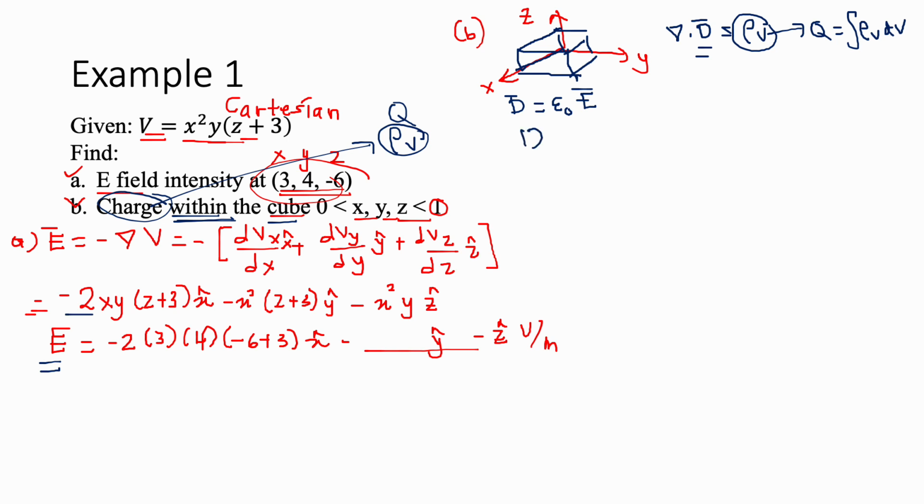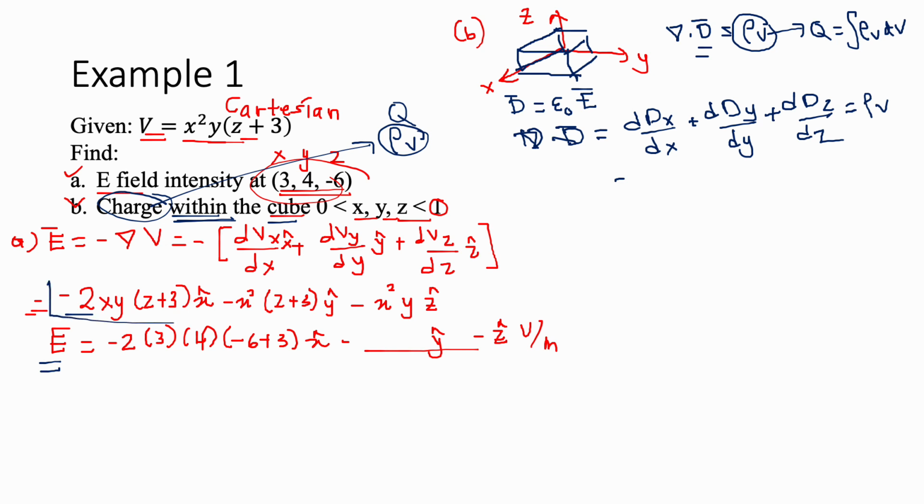So you will get your del dot D equals dDx over dx plus dDy over dy plus dDz over dz, okay, so this is equals to rho v. So let's refer to this equation. You need to differentiate this equation.